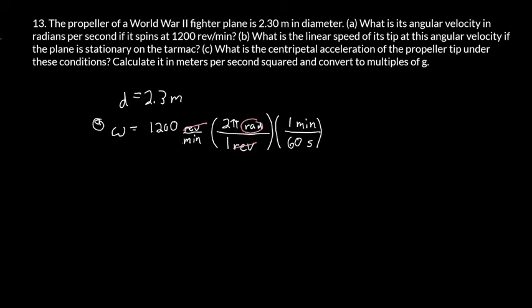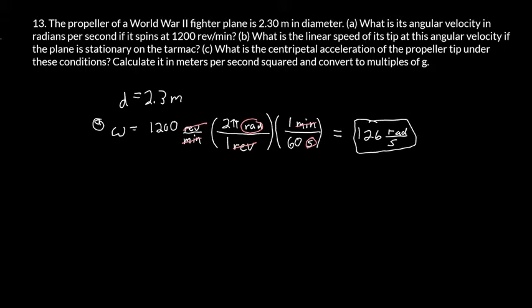And the minute on the bottom cancels with the minute up top, and I end up with seconds on the bottom. So if I do this multiplication, 1200 times 2 times pi divided by 60, I get a final answer of 126 radians per second. And that is the answer that we want for part A.